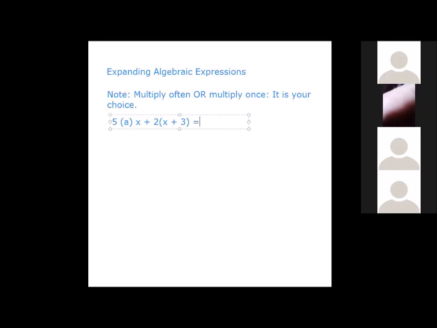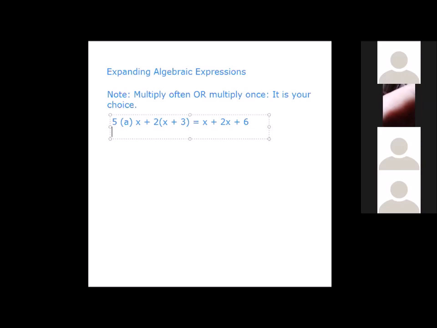So all we need to do is have x first, plus the expression 2 parenthesis x plus 3. And we have learned earlier that we can distribute 2 to both terms x and 3. So 2 parenthesis x plus 3 is just equal to 2 times x, 2x, plus 2 times 3, 6. Therefore, we now have x plus 2x plus 6.